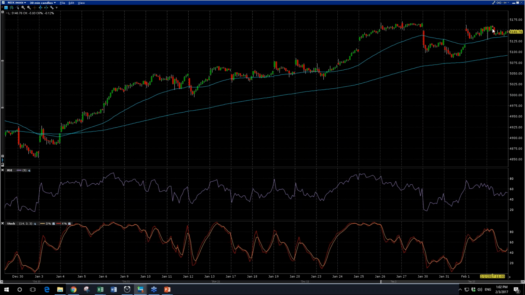Not too bad. Yep, and we've basically traded flat, so the trade would be looking okay so far. Probably a better time would have been back here. Look at how overbought we were back on the 25th, and we've been overbought for an extended period of time. You don't necessarily want to get in as soon as you hit the overbought reading, which would have been here. The NASDAQ rallied a bit from there.